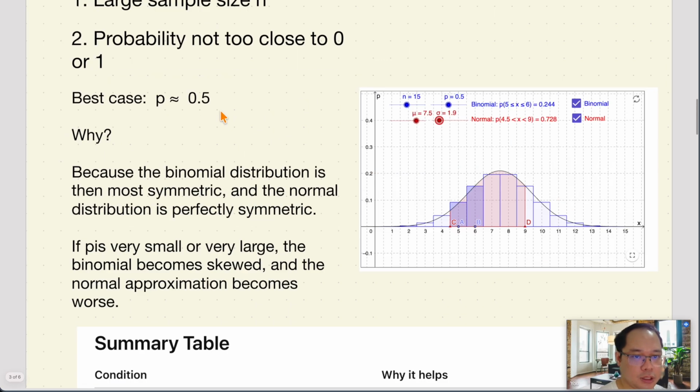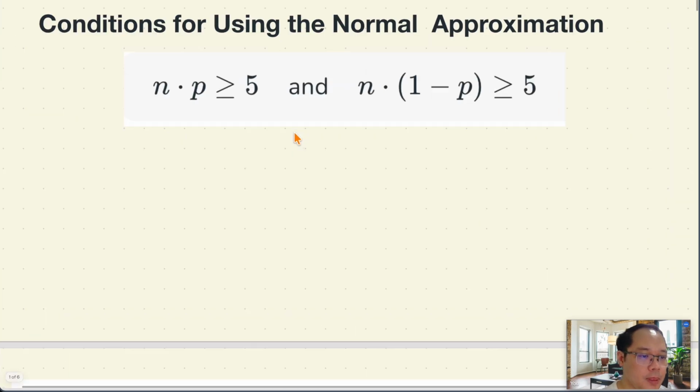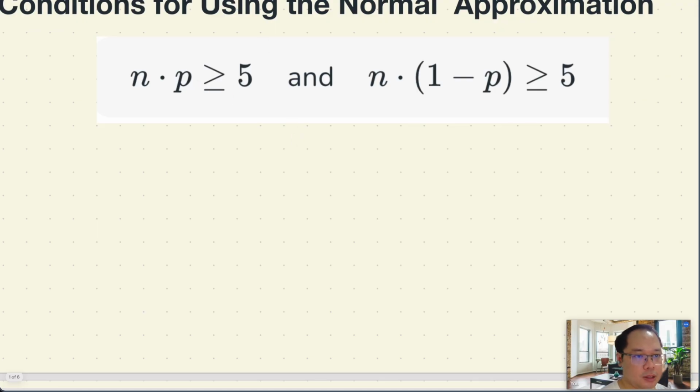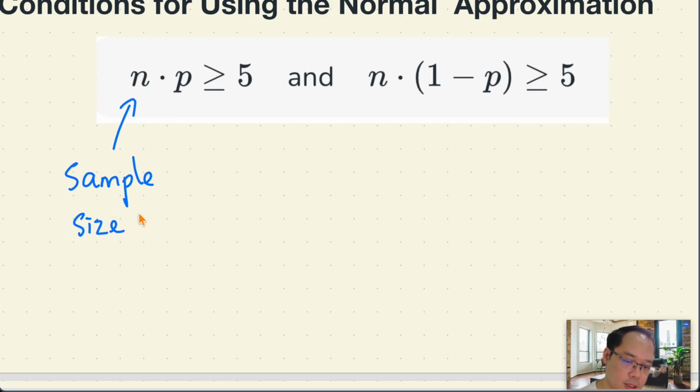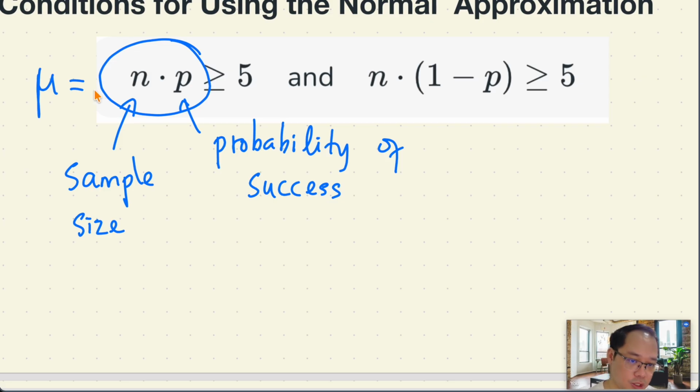And the third condition, which is critical, is that we have these 2 things: the product of n and p, where n is the sample size of the binomial distribution and p is the probability of success. The product n times p is the mean of the normal distribution that we use for the approximation.